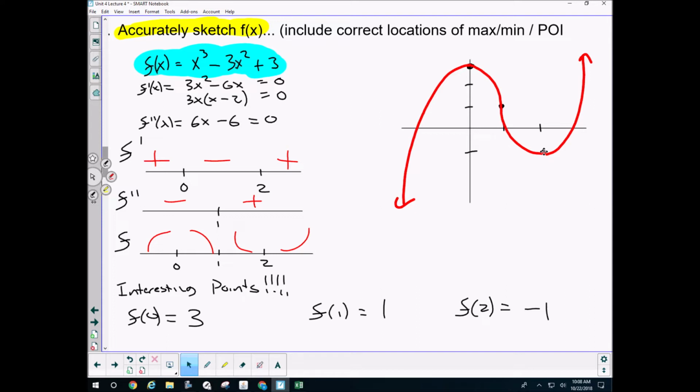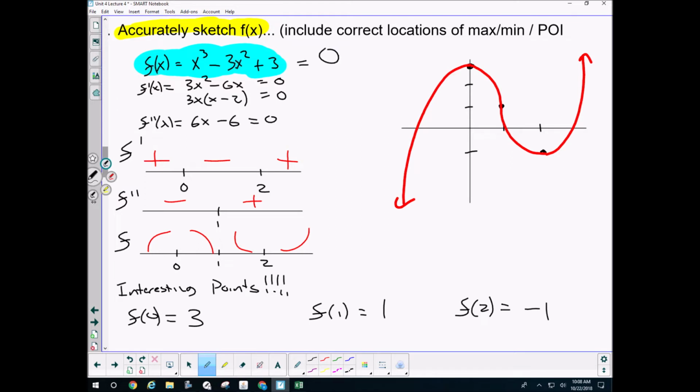What are some other interesting points that I would possibly try to find? Not at 0, 1, and 2. Yes, the zeros. If I wanted to do an even better job, I would find the zeros.